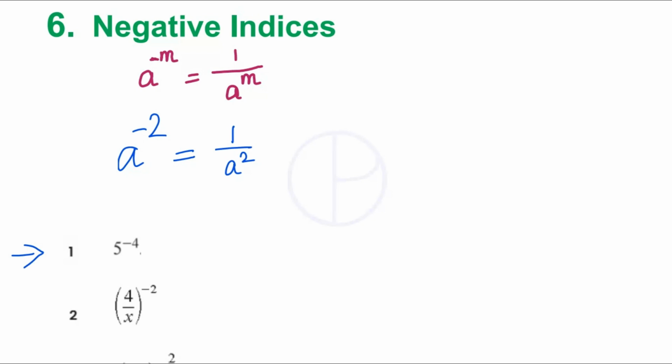Let's solve this question. 5 power negative 4 can be written as 1 over 5 power 4. What is 5 power 4? 5 power 1 is 5, 5 power 2 is 25, 5 power 3 is 125, 5 power 4 is 625. So 1 over 625.